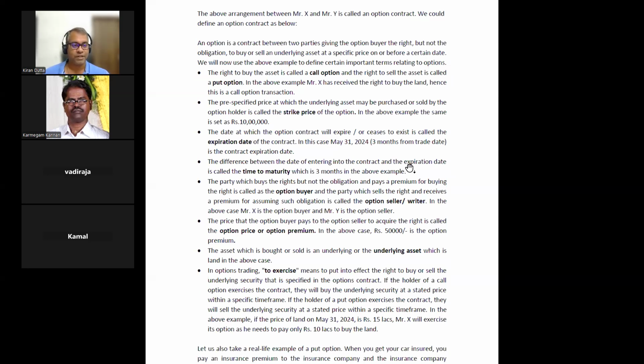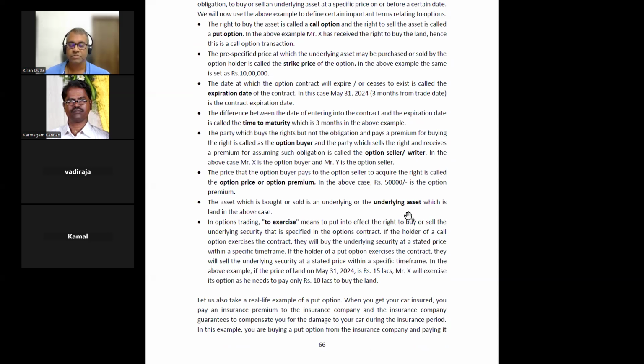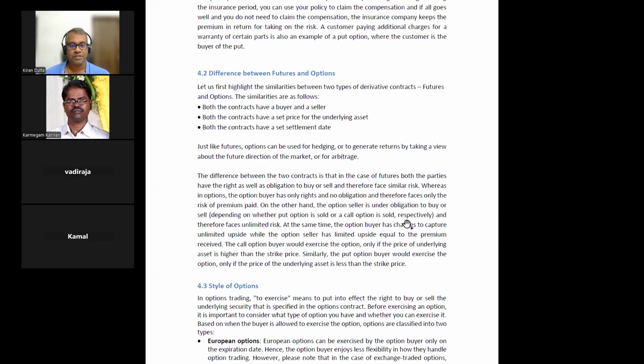We discussed expiration date, what an option buyer and seller are, option premium, how the premium is arrived at, and so on. We discussed again the difference between futures and options. Futures are standardized contracts, and they need to be honored. Options are only the right, you don't have any obligation to honor the contract. That's the most important difference.